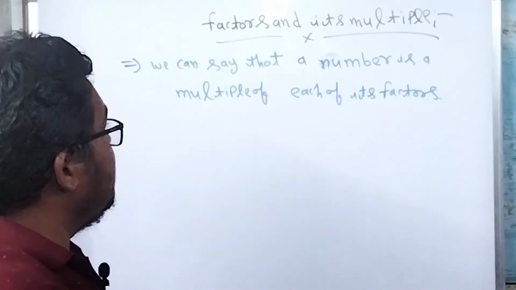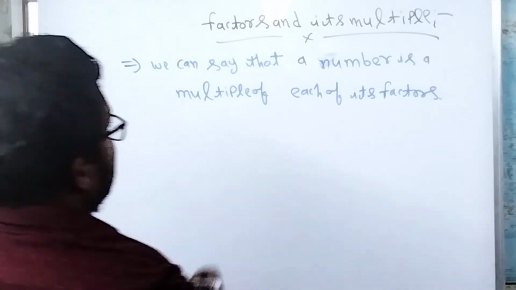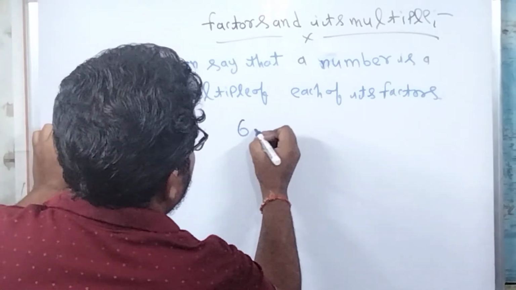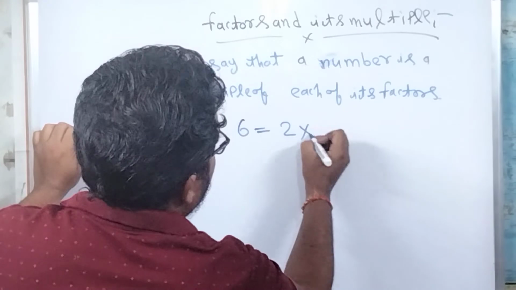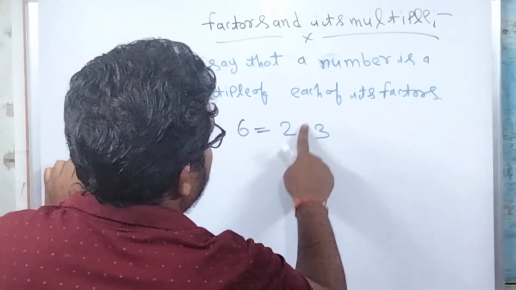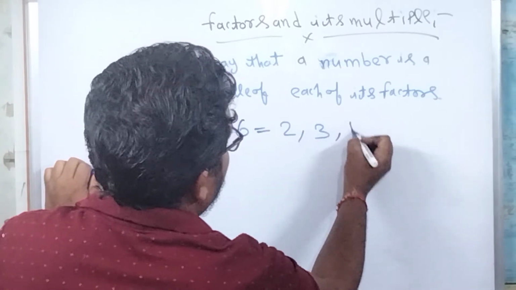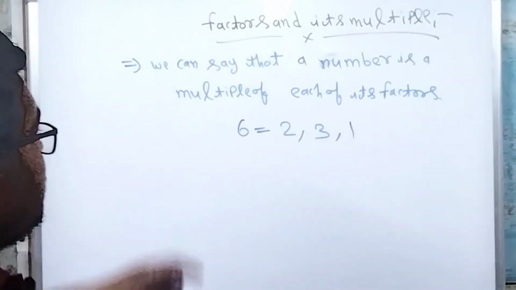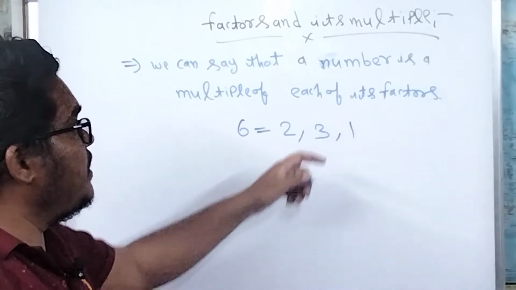Because we see the example, we take the number 6. Its factors are 2, 3 and 1.